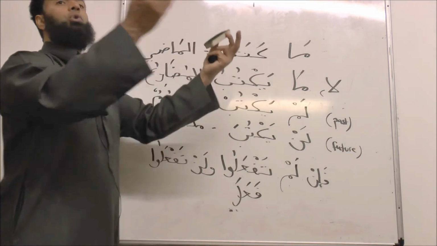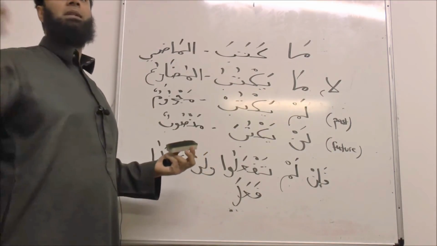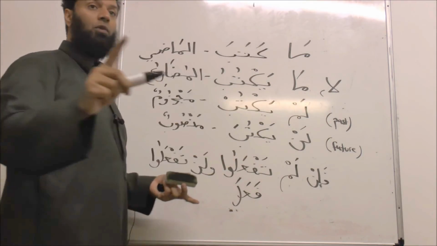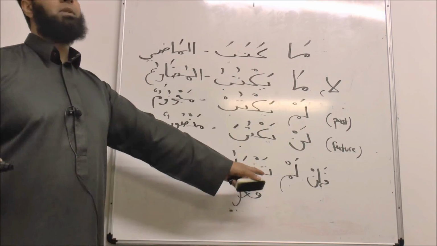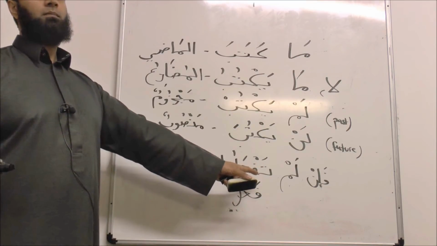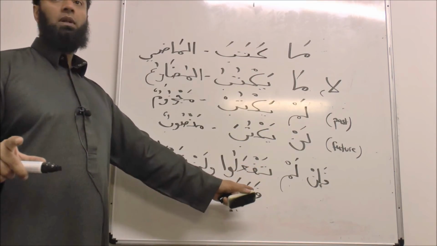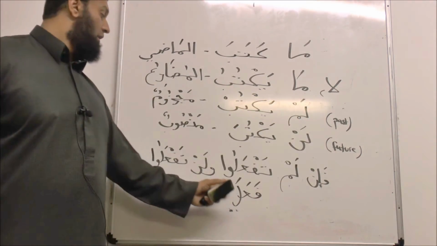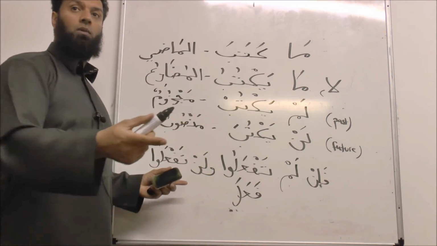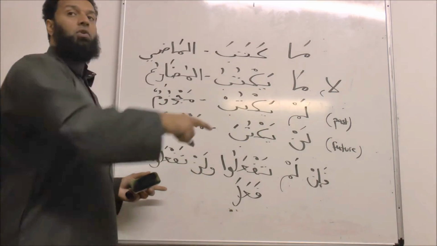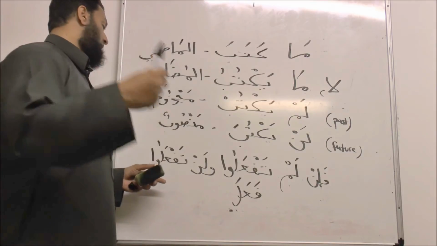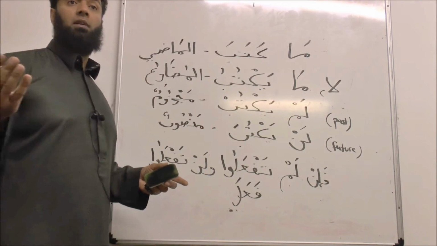And then call your witnesses besides Allah, if indeed you are truthful. فَإِن لَمْ تَفْعَلُوا, but if you didn't do that, وَلَن تَفْعَلُوا, or you will not do that, فَاتَّقُوا النَّارَ, then be afraid of the Fire.